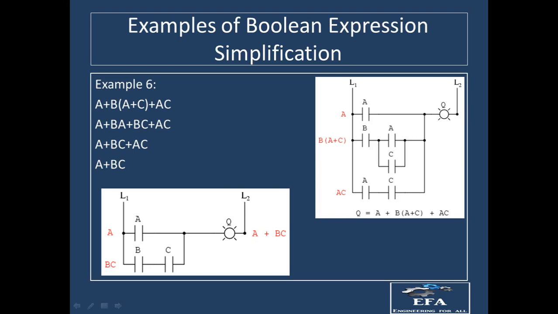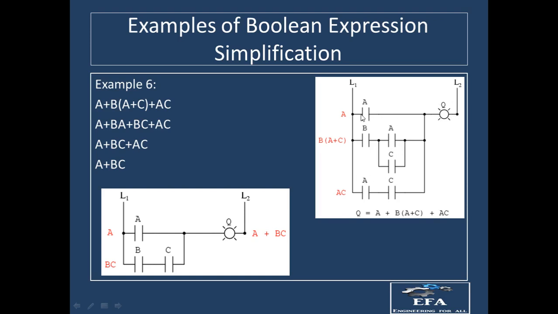So let us see. Now suppose this circuit is given in your examination, and you can see over here that there is a Q written over here. We know that this will be an output, right? So ultimately you can see over here that Q is equal to A plus B into AC plus A plus C plus C, right? So how has this equation come at this position? You can see that A is given, and we are having three branches over here.